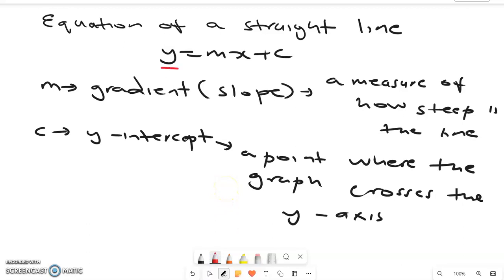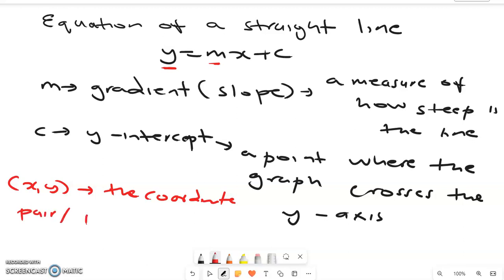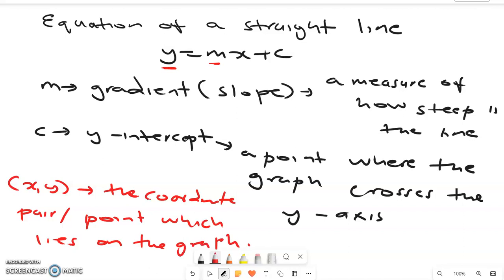So x and y, that is the coordinate pair, or the point which lies on the graph. Right.